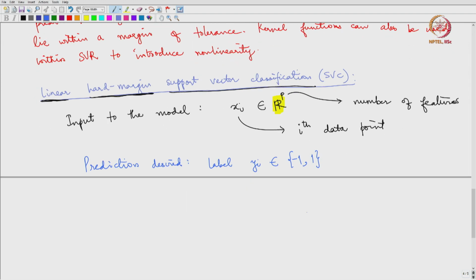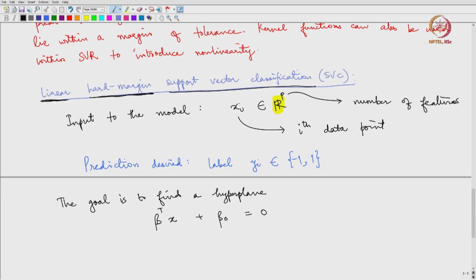Okay. So, what is the goal here? As you already know, the goal is to find a hyperplane, and that hyperplane equation will be beta transpose x plus beta naught equal to 0.